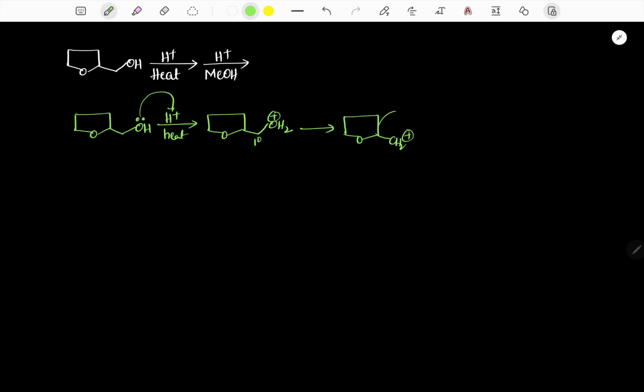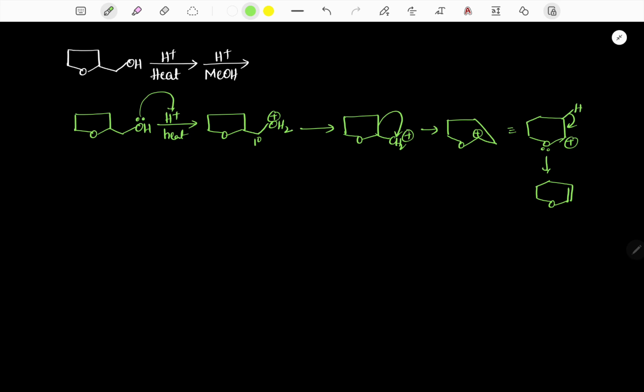Now ring expansion occurs to get the corresponding stable intermediate, and this can be written as a 6-membered ring with oxygen positive. Because of the octet, it is a stable carbocation. Now it loses a proton and finally gives the corresponding product like this.